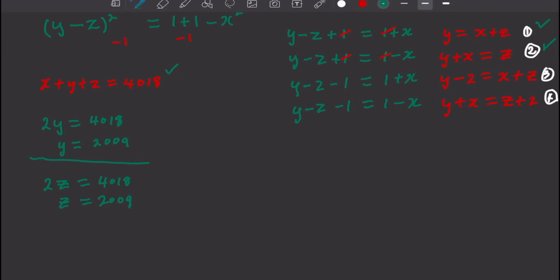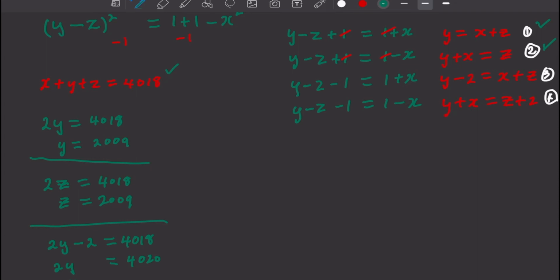We're now going to substitute x plus z equals y minus 2. So we're going to get 2y minus 2 is equal to 4018. So 2y is equal to 4020, since we're going to add 2 to both sides.